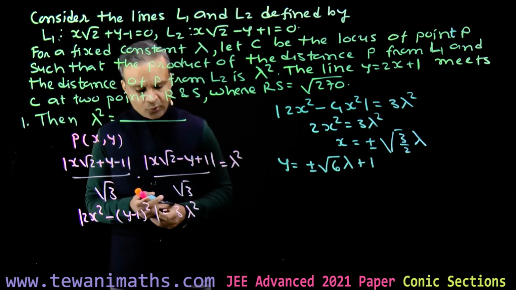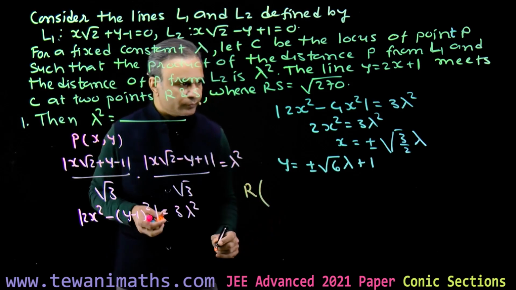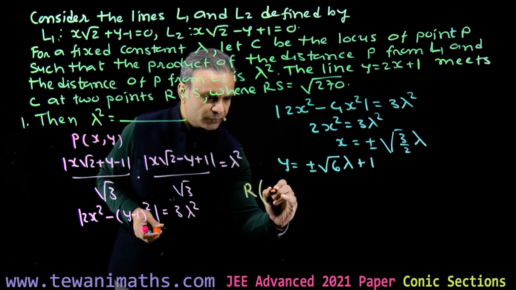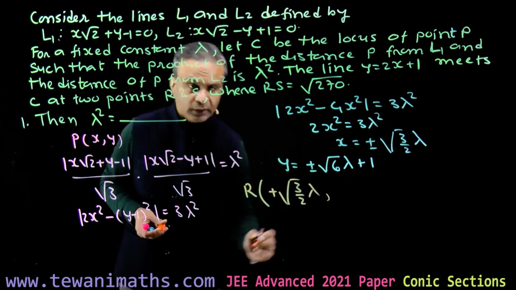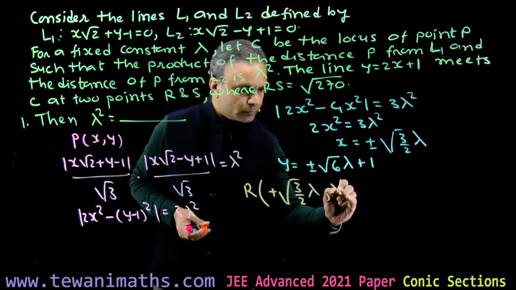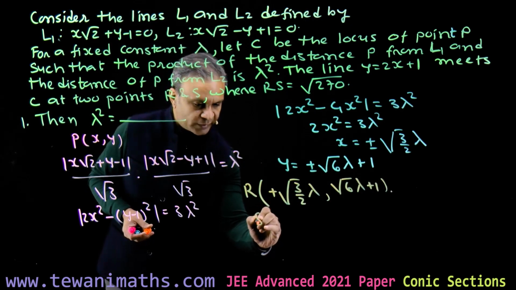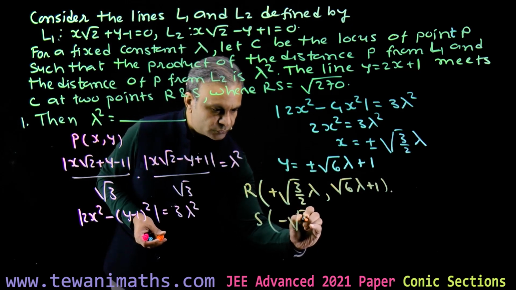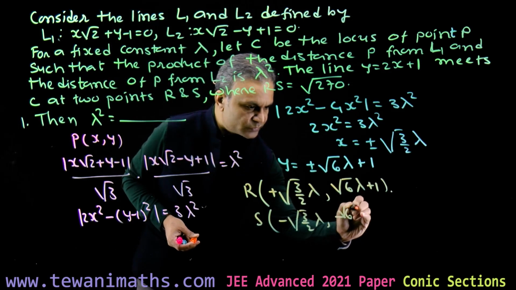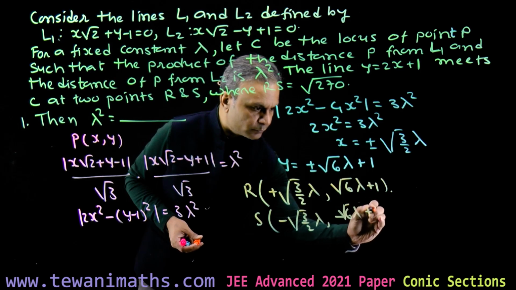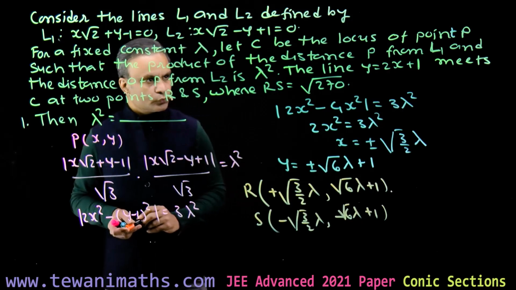Suppose the abscissa of point R is plus root 3 upon 2 lambda, so its ordinate will be plus root 6 lambda plus 1. Coordinates of point S will be minus root 3 upon 2 lambda, comma, minus root 6 lambda plus 1. Distance between these 2 points is root 270.